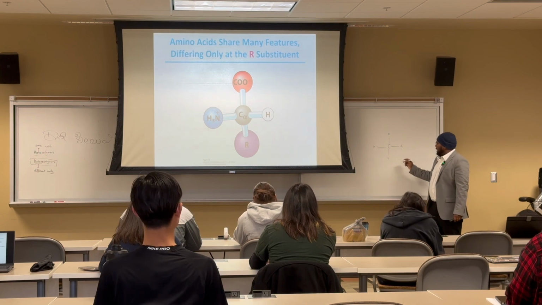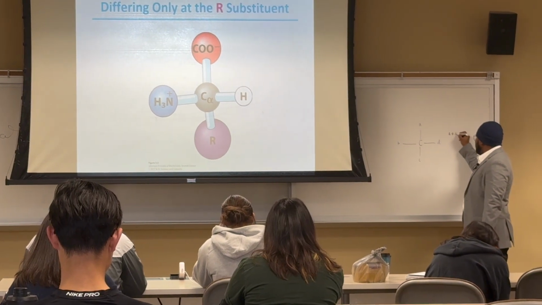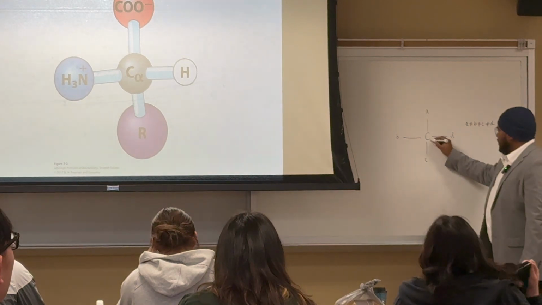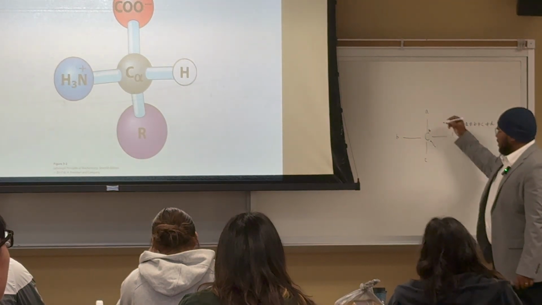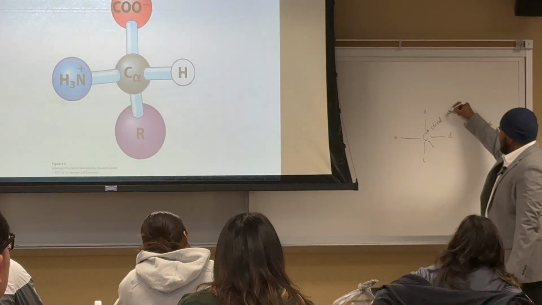If they are different, which is A is not equal to B is not equal to C is not equal to D, we can call this carbon a chiral carbon.